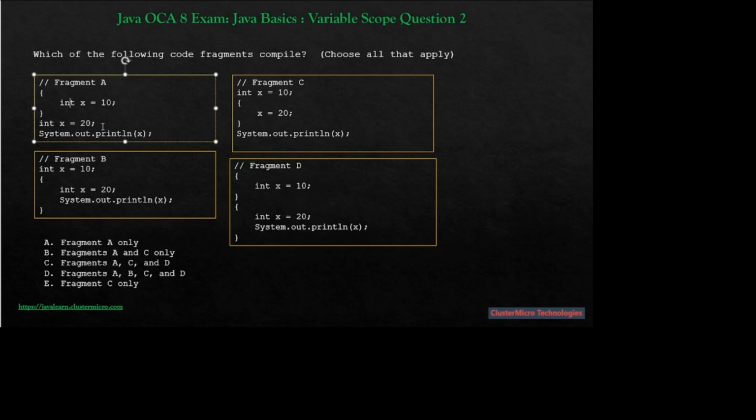Let's go here. Here int x = 10 is declared outside, not within a curly brace, so its full scope is still here, but you are trying to redeclare it here again. That will lead to a compilation error, because if it is already in scope, you cannot redeclare another variable here.